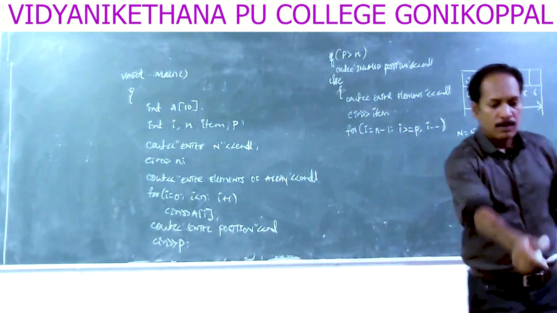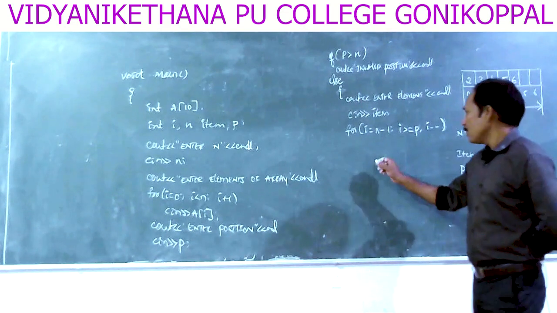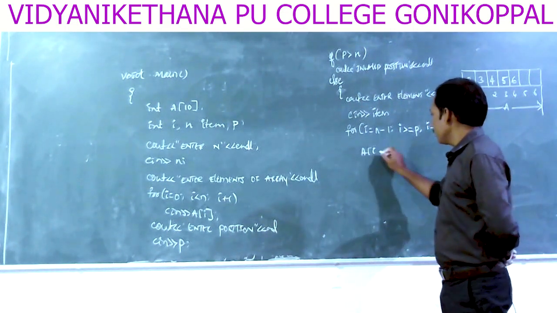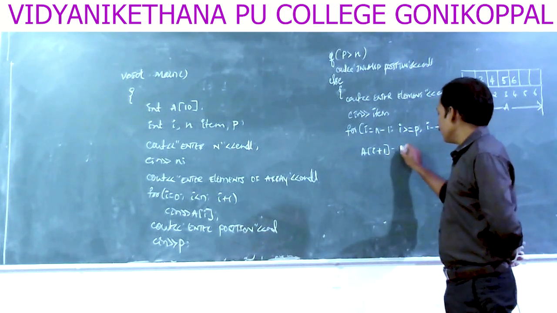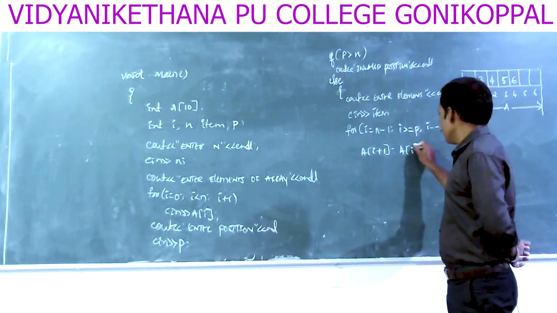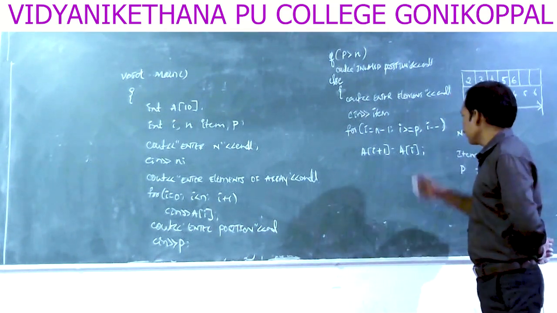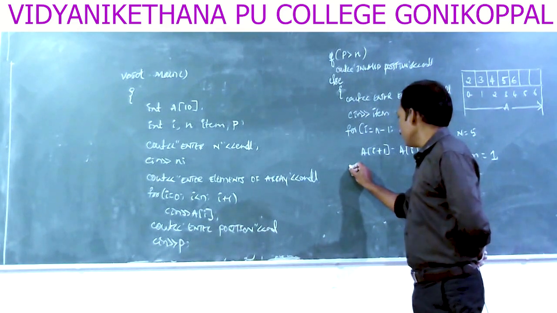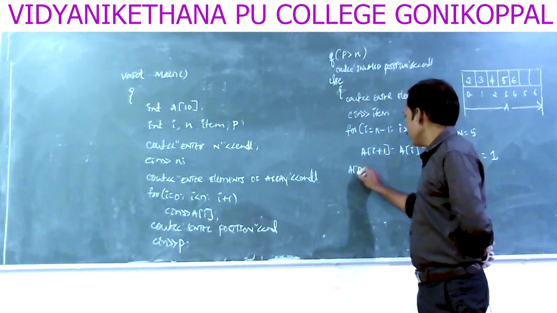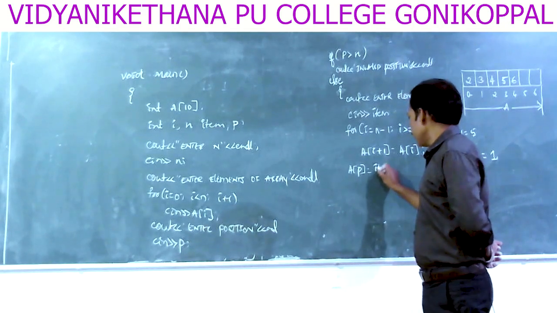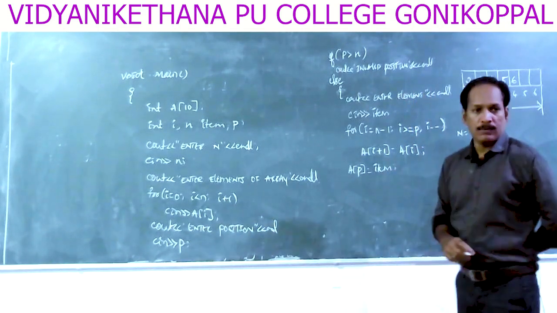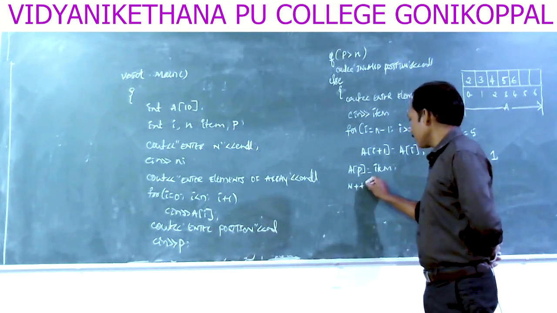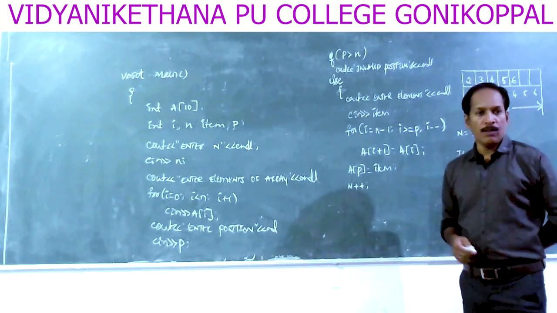Now we follow the procedure: A of i plus 1 is assigned A of i, exactly similar to the algorithm, semicolon. Repeat this for loop. After completion of the for loop, A of P, or i, both are the same, is equal to item. That inserts the item. After this, n plus plus, so n is increased by 1.